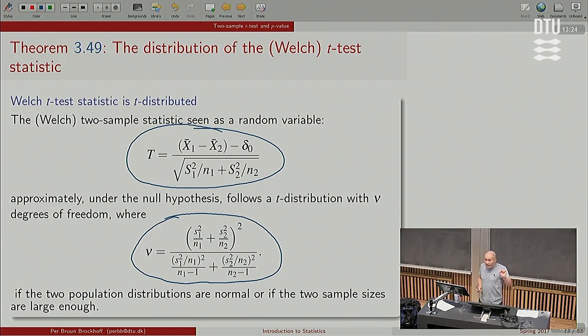To find the right t-distribution, there's a bit of theory behind this to realize that this is the right t-distribution to use. So it's a bit more tedious to find the right degrees of freedom in this case. And it could even be non-integer, and you could either use non-integer in your software or just round off. That's fine with me, both of it.